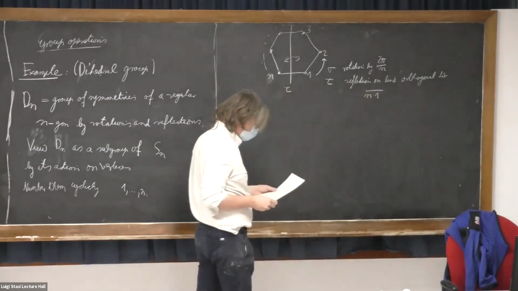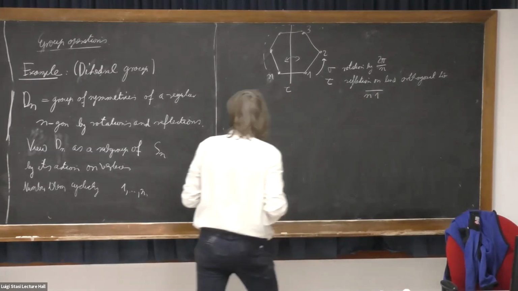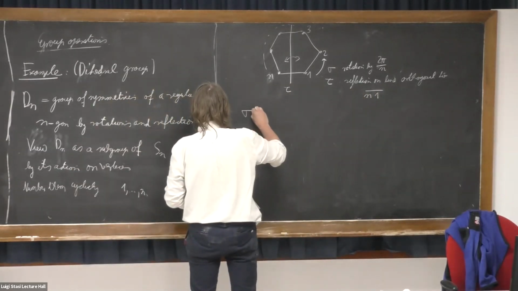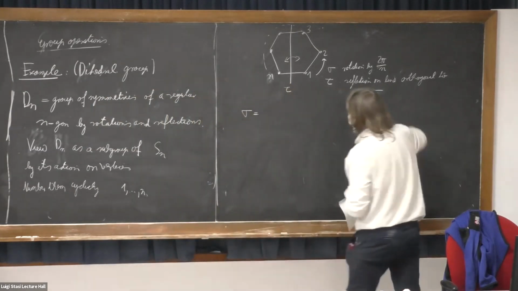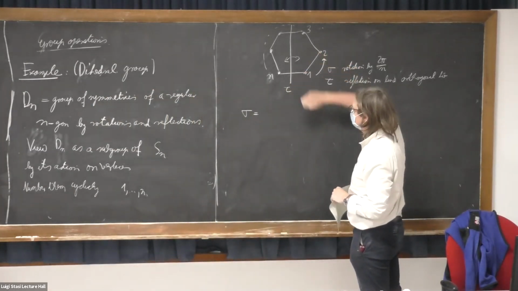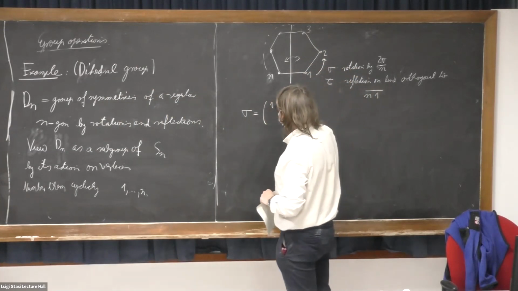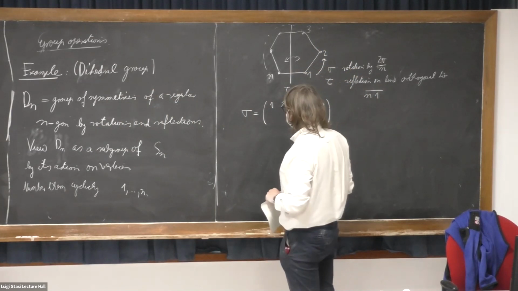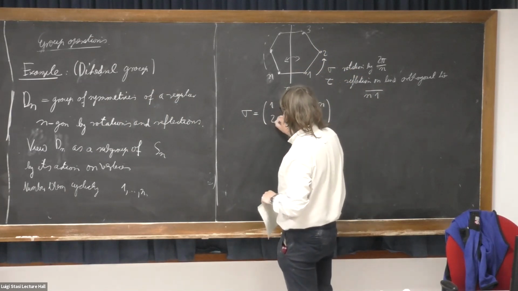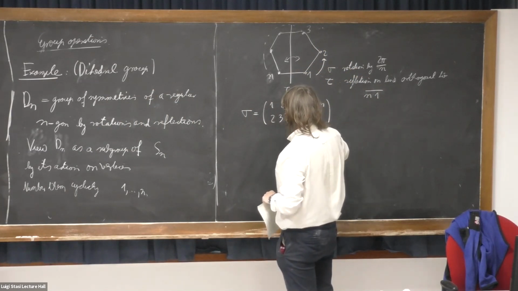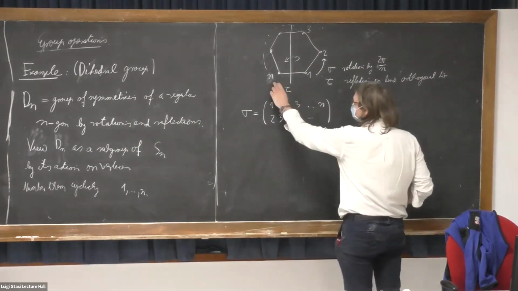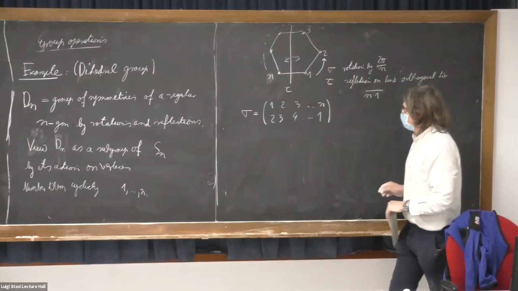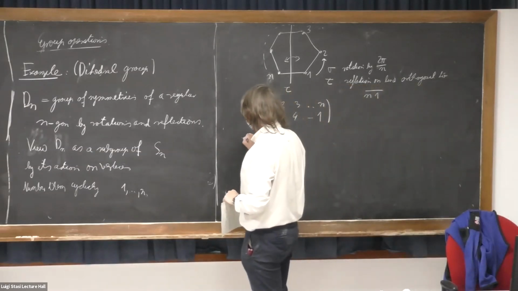So what can we say? To view this as a permutation, what does sigma do? It just sends every element to the next. So if you have here 1, 2, 3, 4, up to n, it sends 1 to 2, 2 to 3, 3 to 4, and n is sent back to 1. And we have also tau.